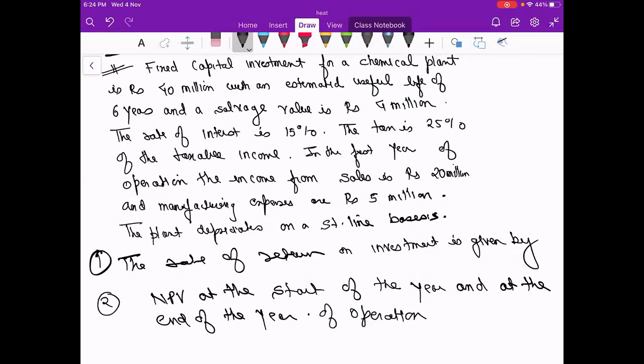So let's take some time, read the question properly, and then solve it. It is a great question for 4 marks. After this, I will clear all your doubts. First attempt this question.